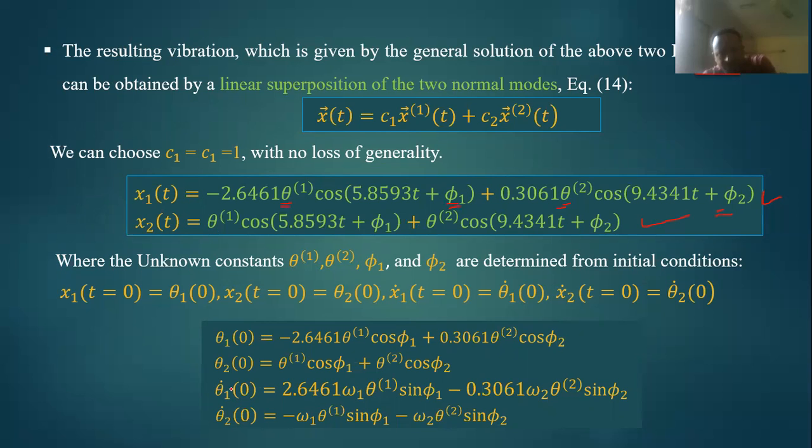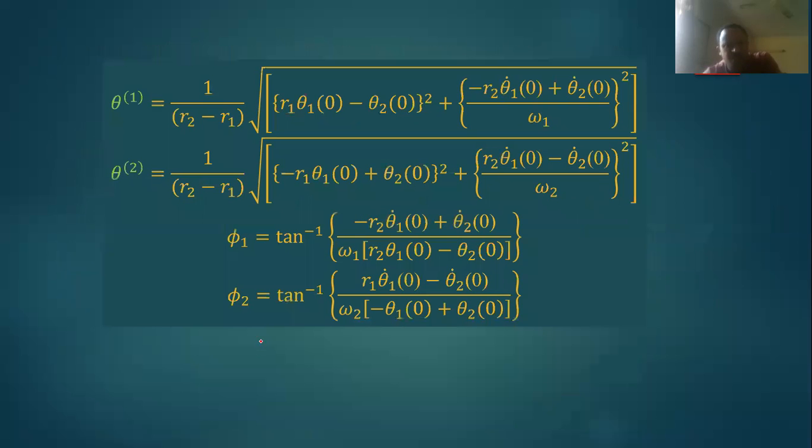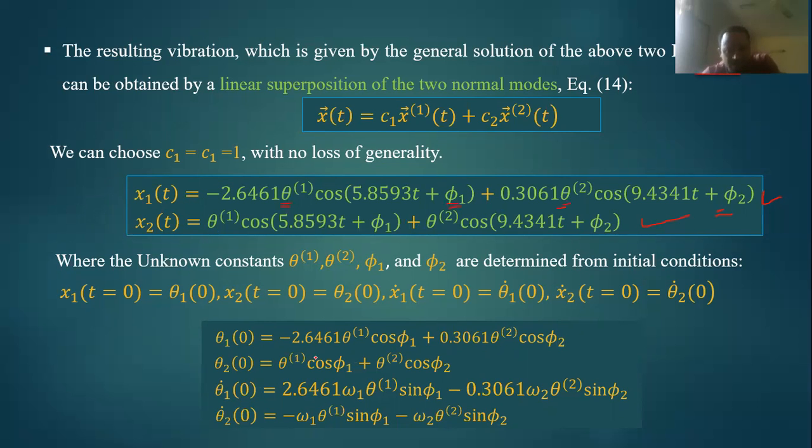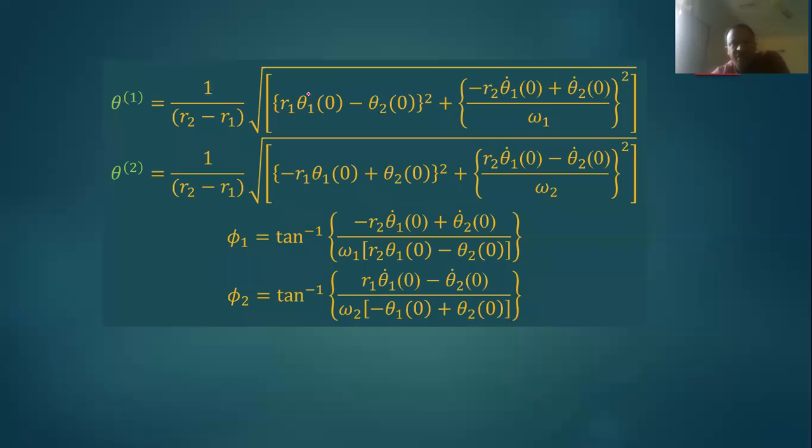All should be determined from the initial conditions. Applying these initial conditions, we have the theta 1 equation, theta 2 equation, phi 1, phi 2.